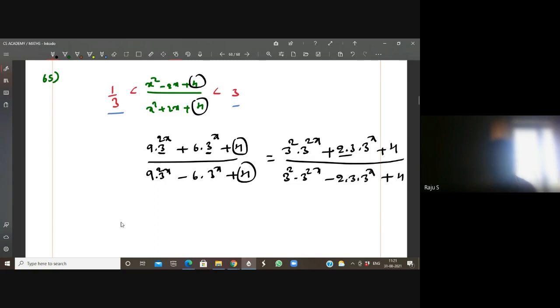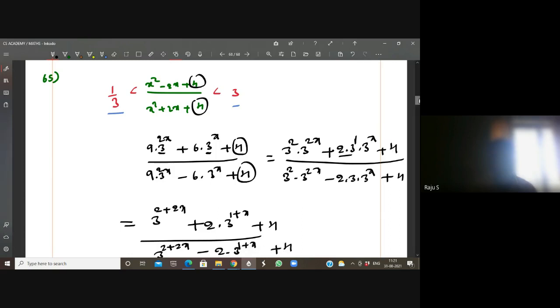Got it? Now this is equal to, the base is same, so we add the powers. We can write 3 power 2 plus 2x plus 2 times 3 power 1 plus x plus 4, by the same, 3 power 2 plus 2x minus 2 into 3 power 1 plus x plus 4.